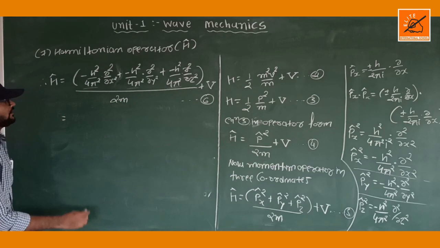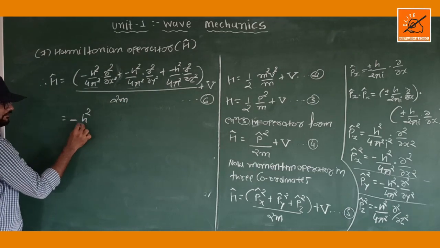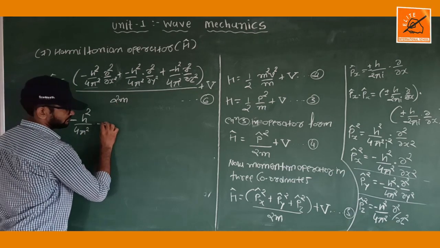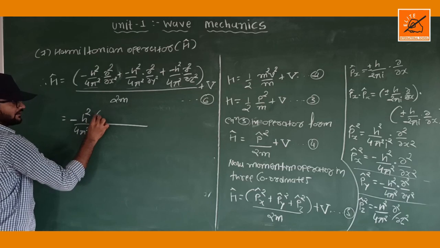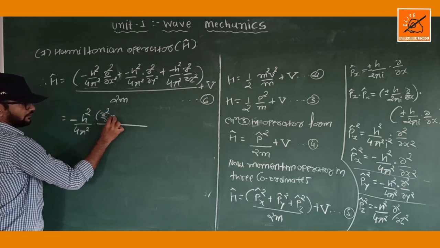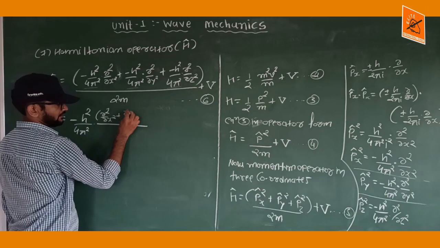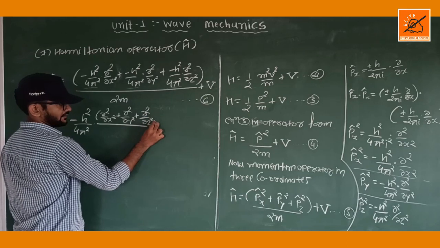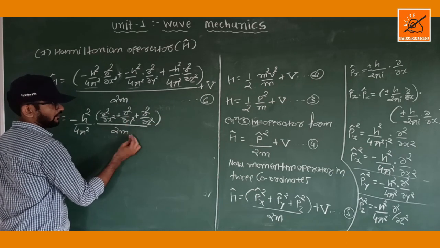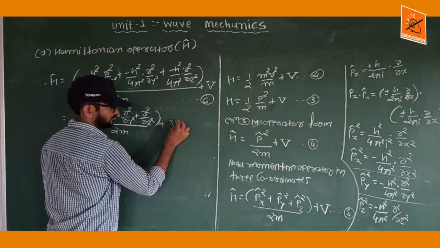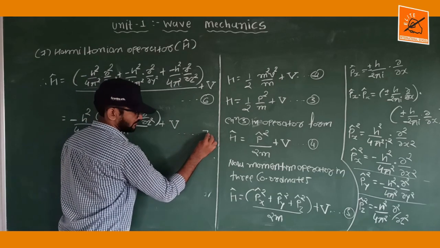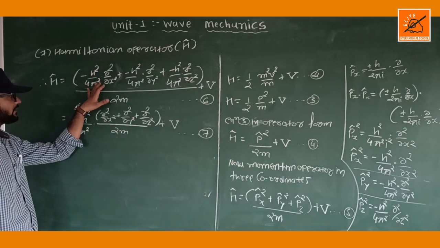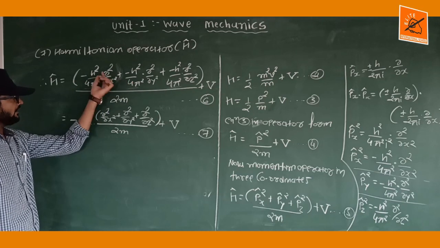So here minus h square upon 4 pi square into del square upon del x square plus del square upon del y square plus del square upon del z square, upon 2m, plus capital V. This is the equation number 7.